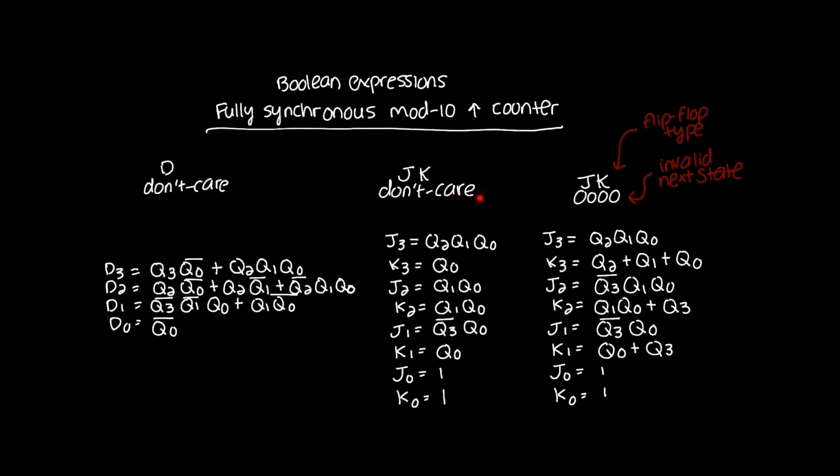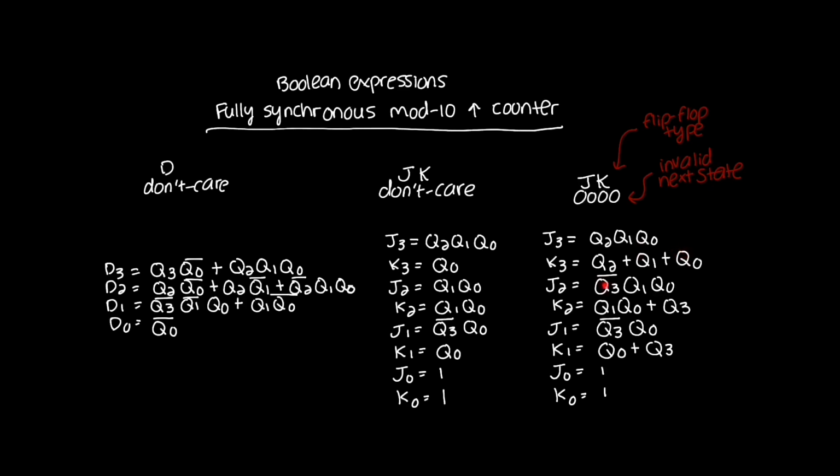However, in the case of the don't care condition, I can see that these are really simplified, and I could get away with one 3-input AND gate, one 2-input AND gate, and another 2-input AND gate. So really, that's not a lot of logic gates.